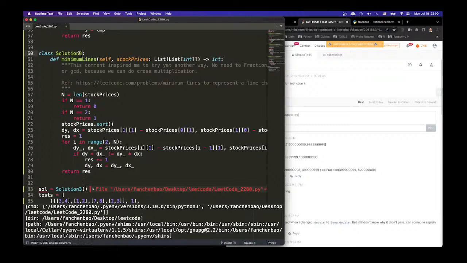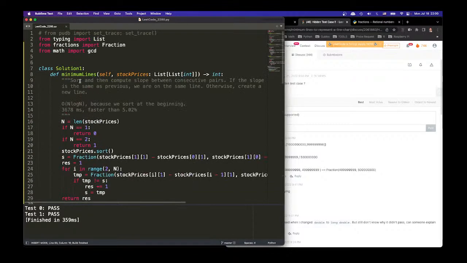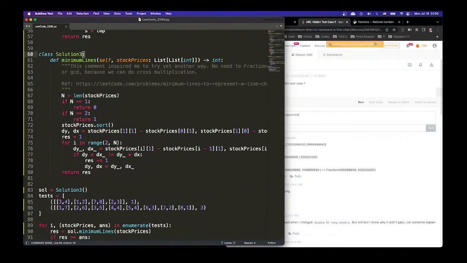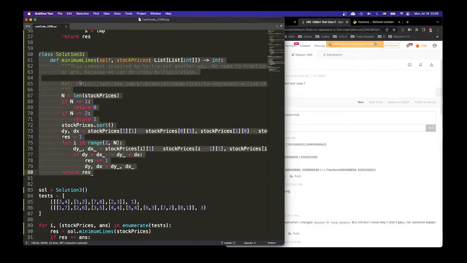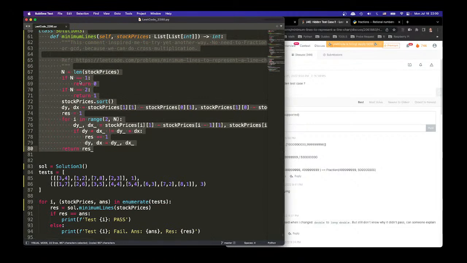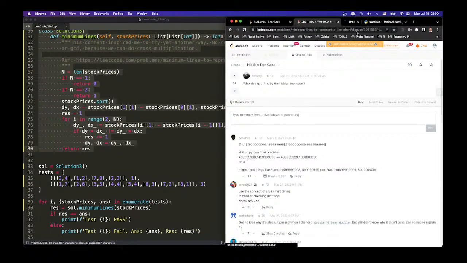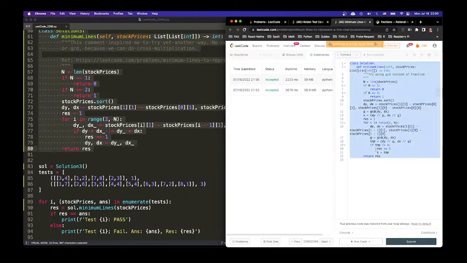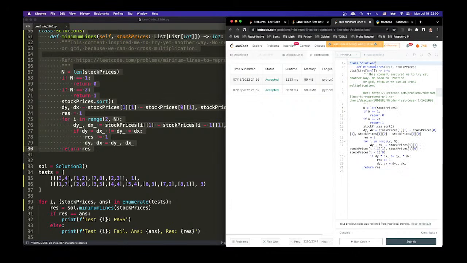Oh, I forgot to do this. Yep. Like seriously, I think this one might be the fastest one. Let's try this. No GCD. Yeah. This is the one.